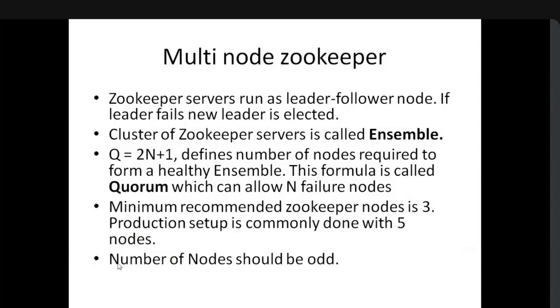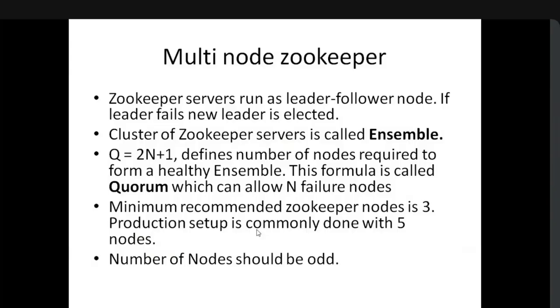The last point says that only: the number of nodes should be odd. This is something very important you need to keep in mind. If anyone asks you what is a zookeeper ensemble, you should be able to answer it. If anyone asks what is quorum, you should be able to answer it.